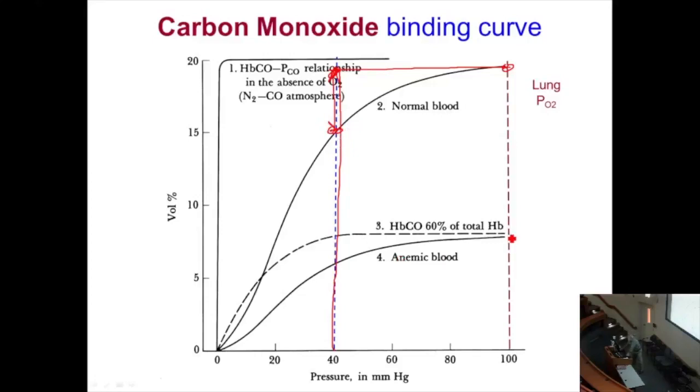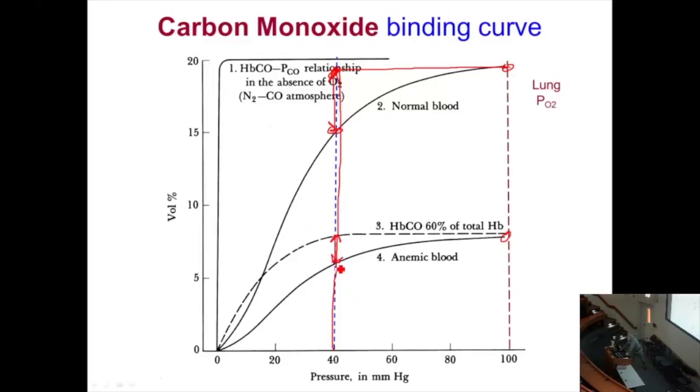Here's the person with anemia, we go over to the tissues, and we can see that we're going to release this much oxygen. So the oxygen released is decreased in direct proportion to the degree of anemia. If we only have 40% of the hemoglobin, we're only going to get 40% of the oxygen release that happened in the normal case.